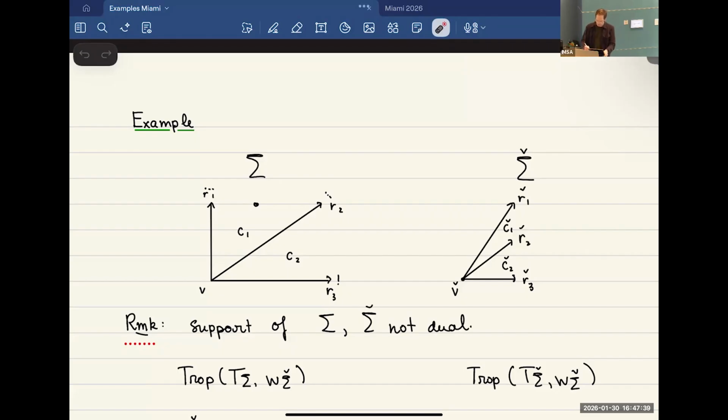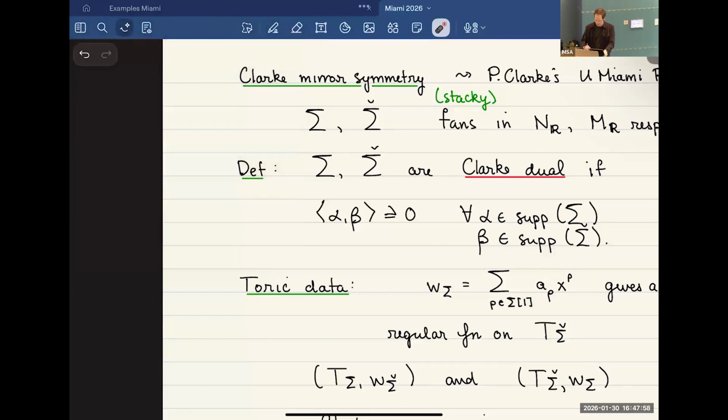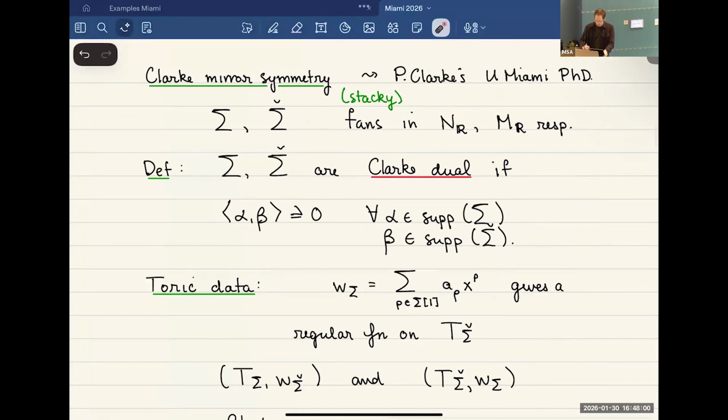Dual would mean that if I have a fan, I can take the dual cone. So these have support, which is a pair of cones. I don't want the support to be necessarily the dual cone. It can be contained in the dual cone.